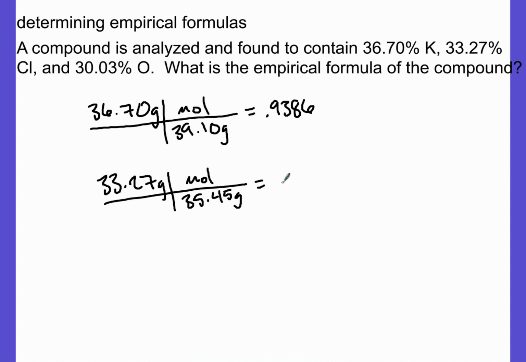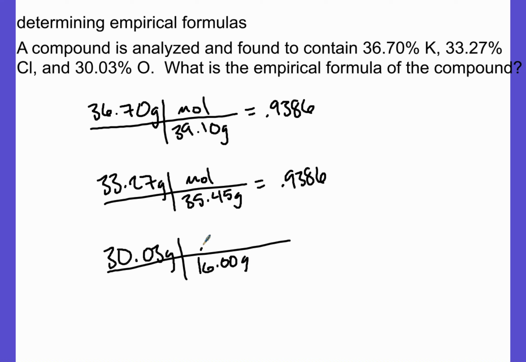That's going to give me an answer of 0.9386. Weird, that's the same number, isn't it? And then I'm going to do that same thing for the last one, 30.03 grams. This is oxygen, so I'm going to use 16 grams per mole. And when I divide those two things, this time I'm going to get 1.877.